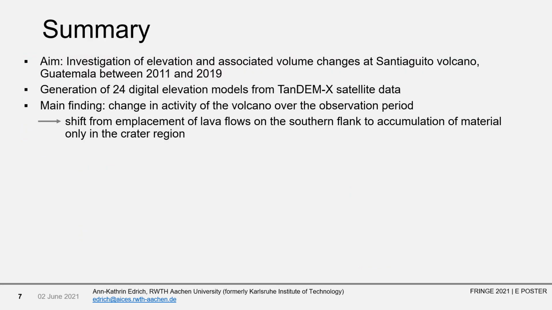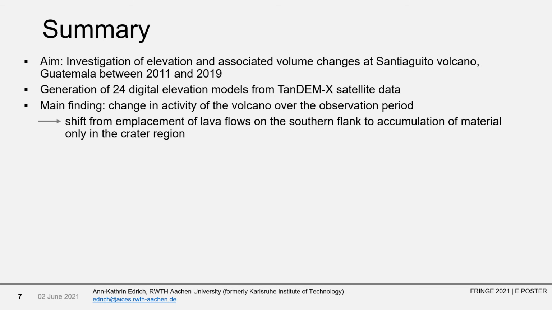What this means, I would like to wrap up in a short summary. Based on the 24 generated DEMs, which show the elevation of Santaiguito between 2011 and 2019, a change in behavior of the volcano could be observed. 2 phases of activity can be distinguished. First, between 2011 and 2016, where we see mainly the emplacement of lava on the flank.